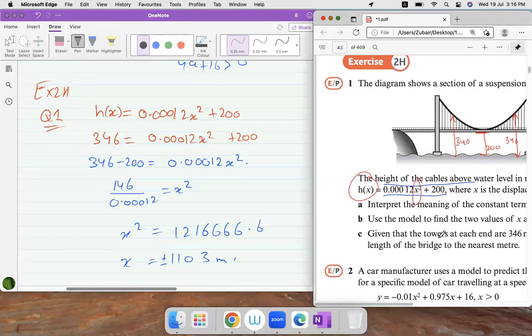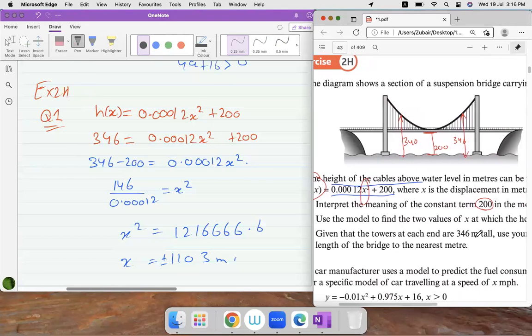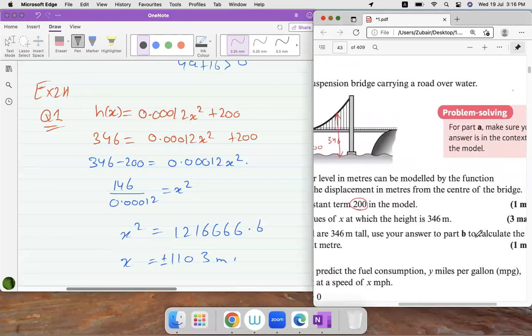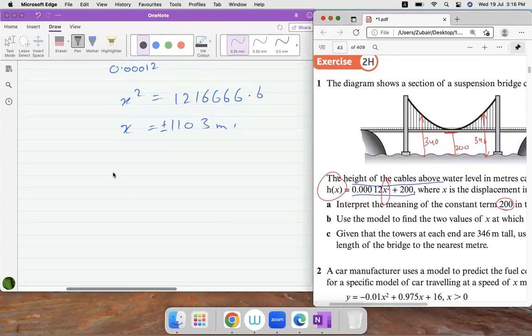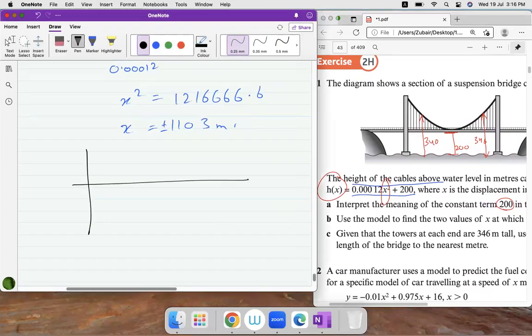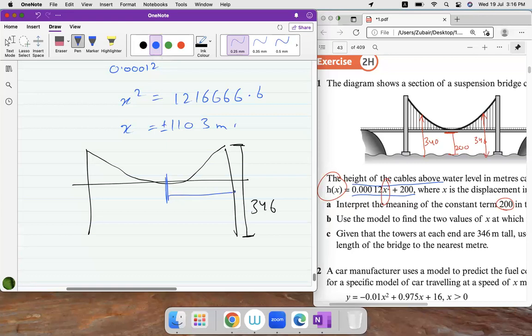346. Given that the towers at each end are 346 meters tall, use your answer to part B to calculate the length of the bridge to the nearest meter. It says the height of the bridge is 346. So if this is 346, we now know that this length is 1103.02 to be precise.